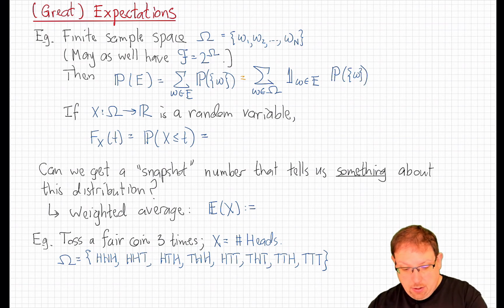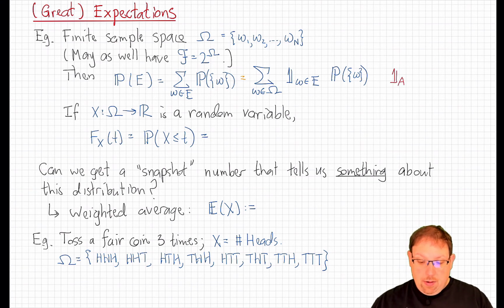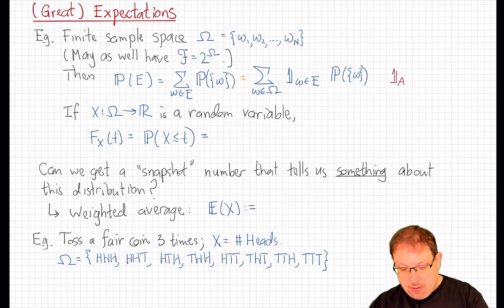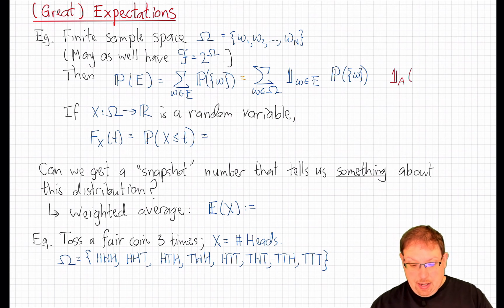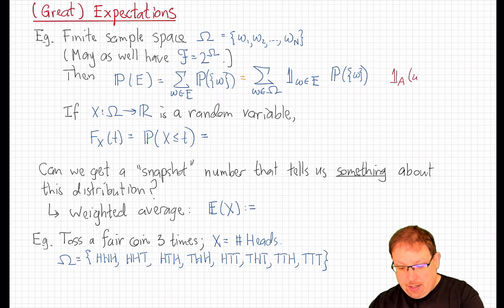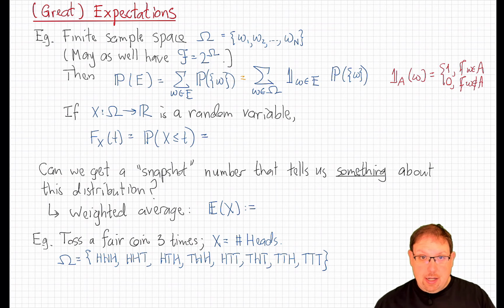So just to be clear on notation here, this indicator function is a 0, 1 valued function defined on any set, and its value at some particular point omega is equal to 1 if omega is in A, and 0 if omega is not in A. We will use indicator functions frequently throughout this course.